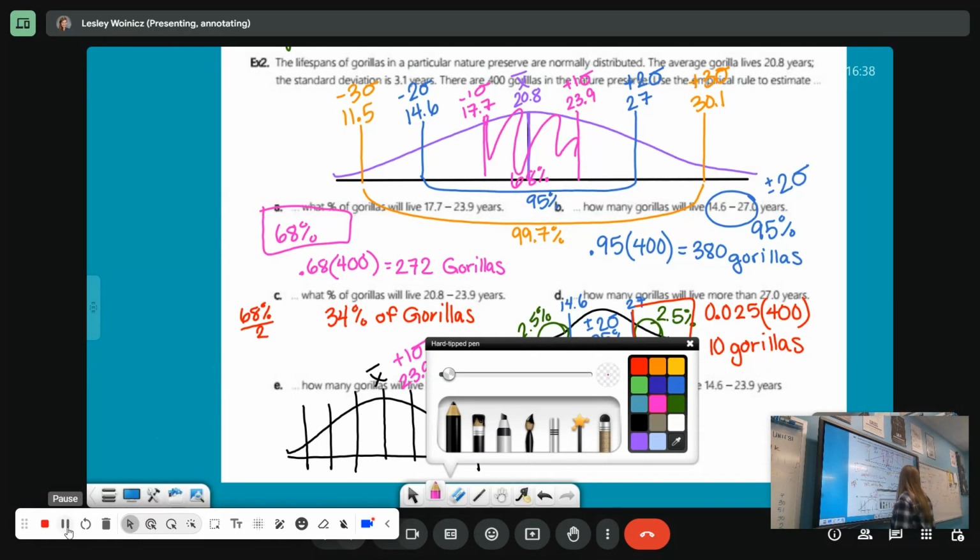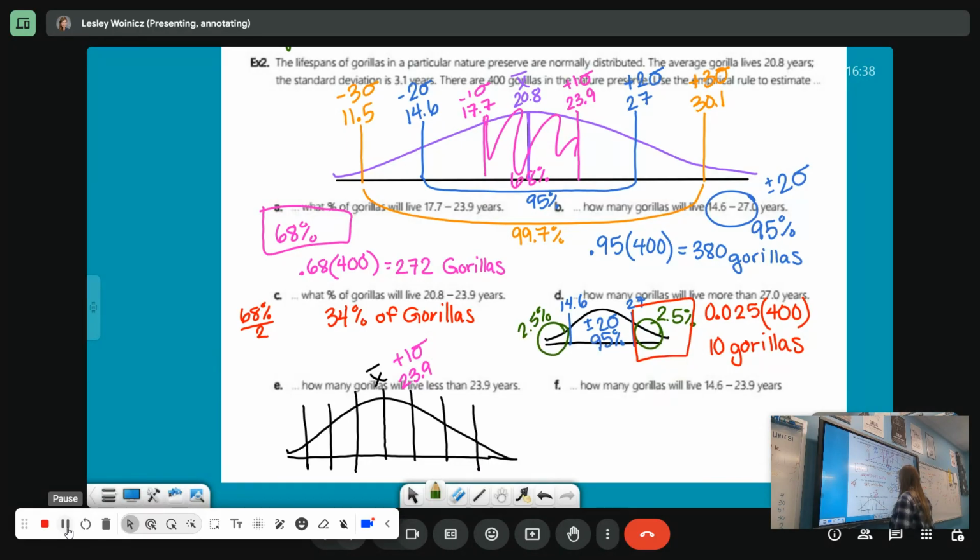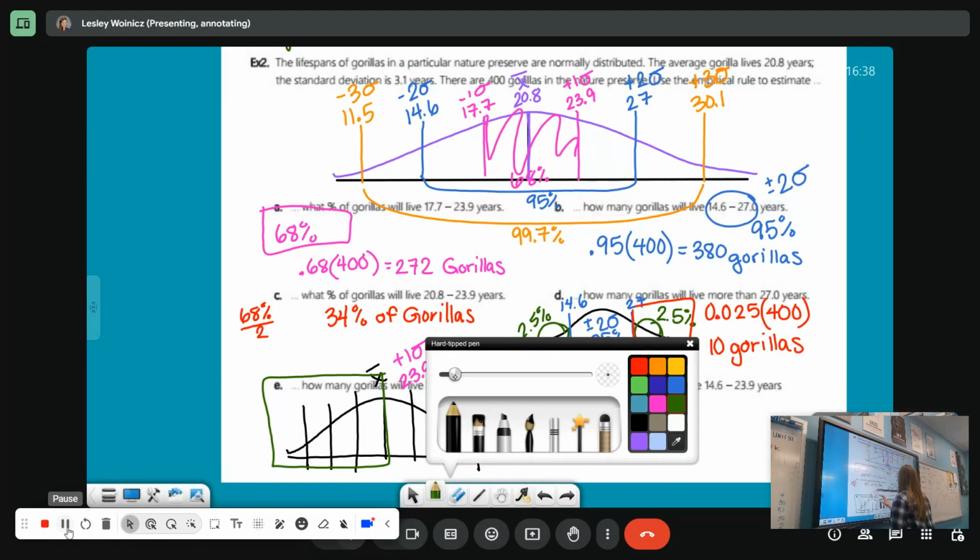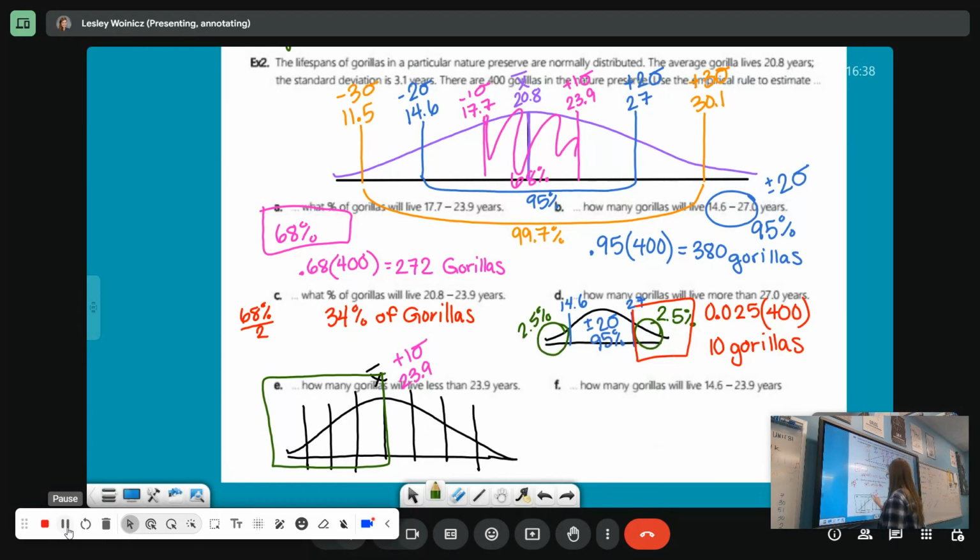All right, so because my mean, my median, and my mode are in one place, right here, this down here is 50% of my data.